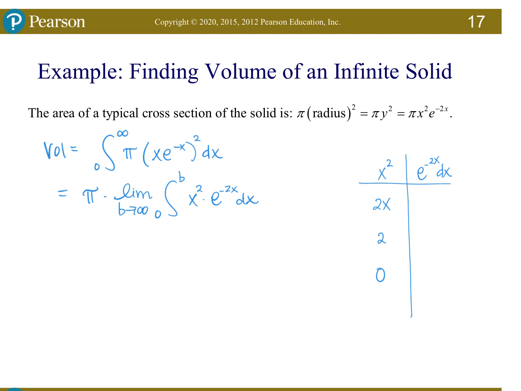My antiderivative would be negative 1/2 e to the negative 2x. My antiderivative of that would be positive 1/4 e to the negative 2x. And my antiderivative after that would be negative 1/8 e to the negative 2x. And then we'll combine diagonally, and we'll change the sign of the second one.